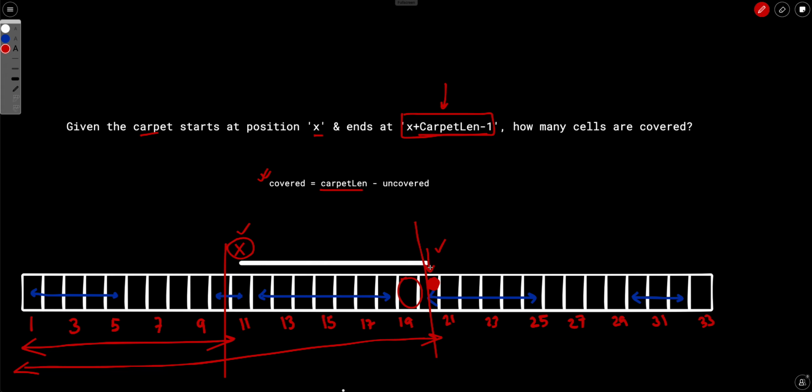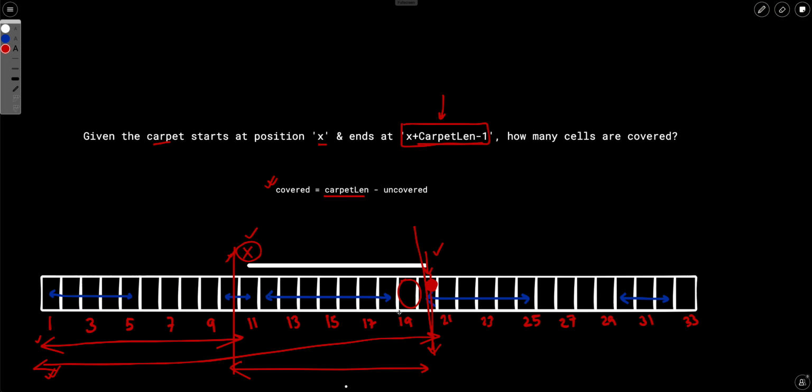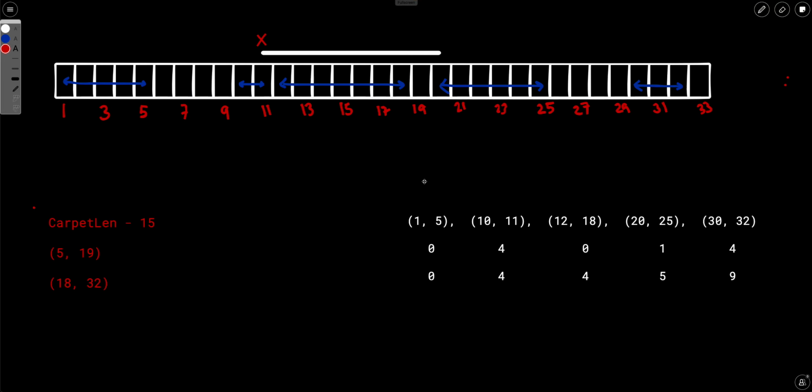So we first find the range which this end of the carpet belongs to, and by finding this, we say how many cells are uncovered from the start up till the starting point of this carpet, and then how many cells are uncovered from the start up till the starting point of the range which contains the carpet, and we just subtract them so that we get the number of cells which are uncovered in this range, right? So let's look at this with an example and it will make it clear.